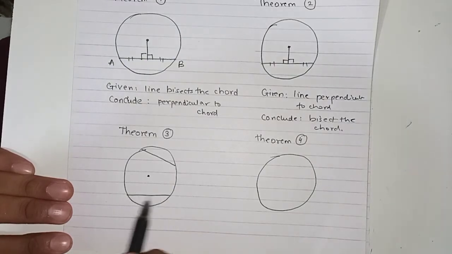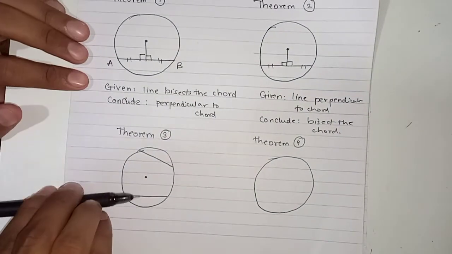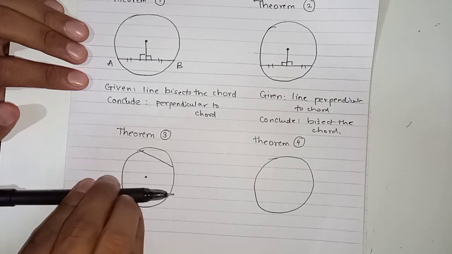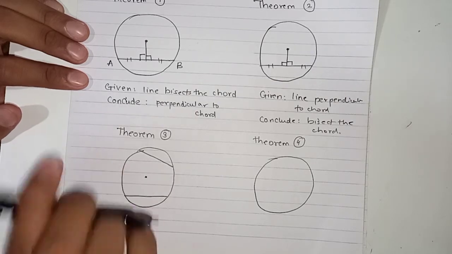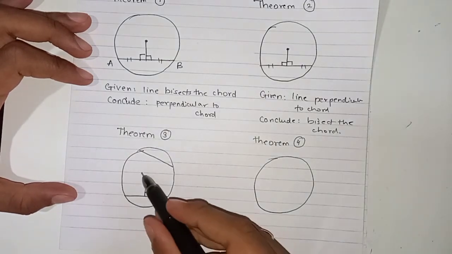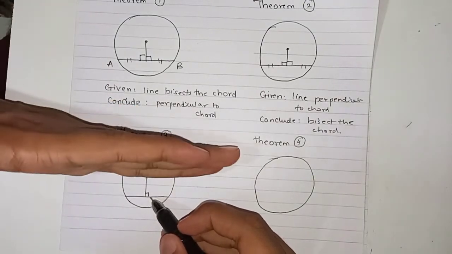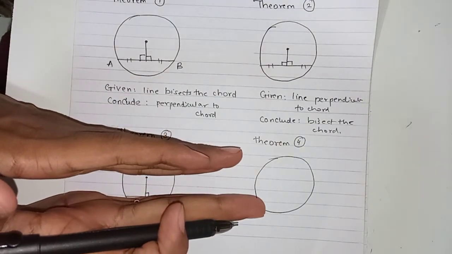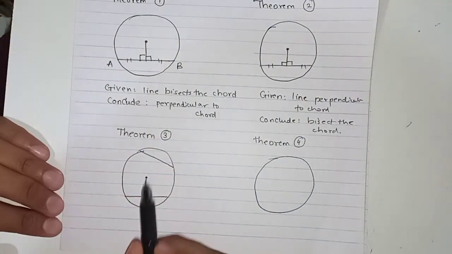The distance of the chord from the center of the circle means ये जो chord है ये कितनी दूर है center से. This distance, this is the distance. ये जो लाइन है ना यहाँ पे बनाई है मैंने, this is the distance between the center and the chord. You can see this is the distance between the center and the chord. ओके, सो ये डिस्टेंस है.